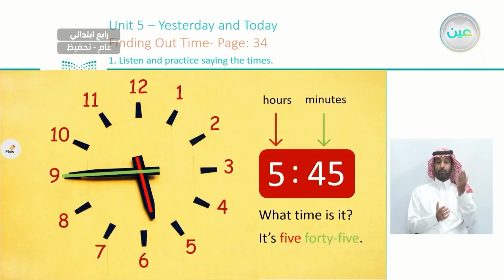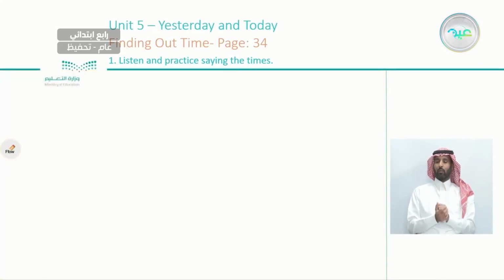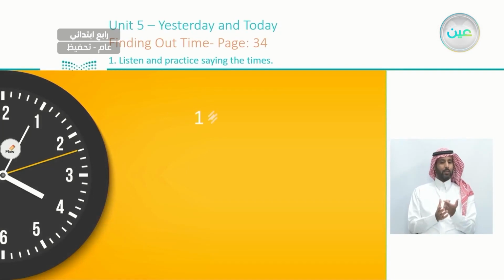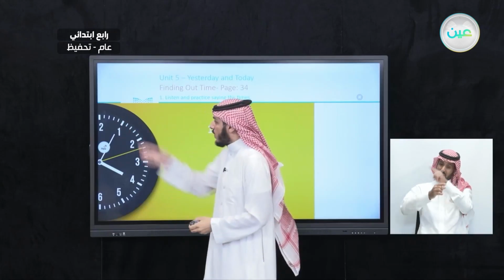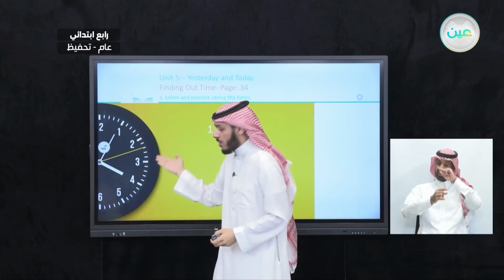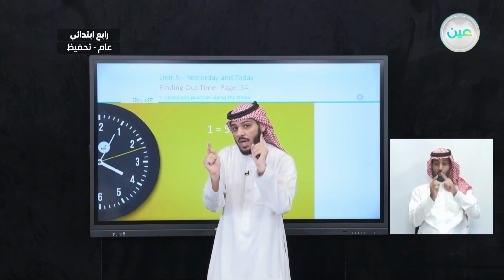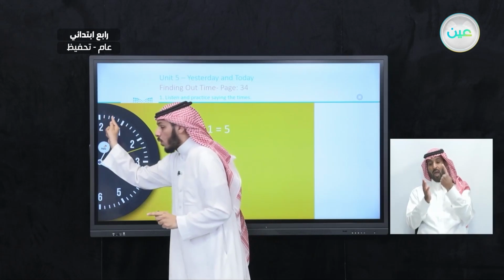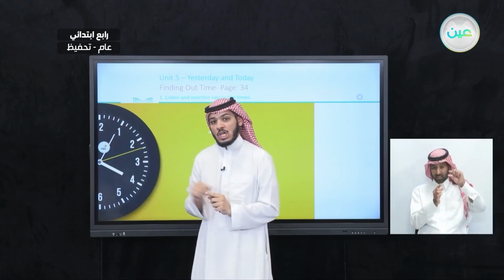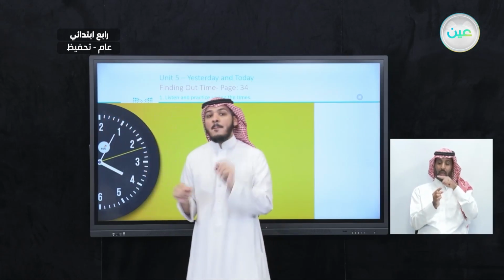So it's 45 here. Look at here. We have small lines here. So we have 12, 1, 2, 3, 4, 5, etc. Now between number 12 and 1, we have small lines here. Those are the minutes.